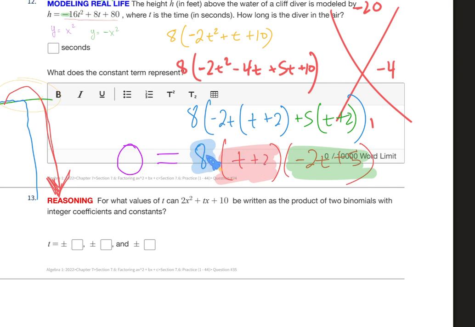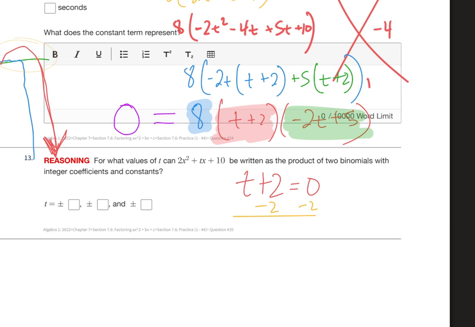So 0 times this would be 0. Well, we don't have to worry about the 8 turning into 0, but if we took t plus 2 and set it equal to 0, we could find the exact moment that this would be 0, right? Because if you put a negative 2 right there, negative 2 plus 2 is 0, 8 times 0 is 0, 0 times this is 0.